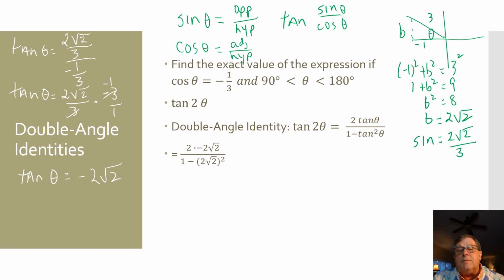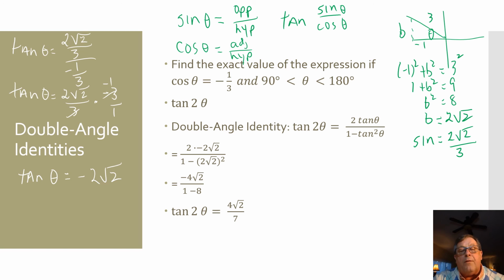So we've got 2 times the tangent of theta, that's 2 times negative 2 square root of 2, over 1 minus the tangent squared, which is negative 2 square root of 2 squared. 2 times negative 2 square root of 2 in the numerator gives us negative 4 square root of 2. And 2 square root of 2 squared: 2 squared is 4, and the square root of 2 squared is 2, so 4 times 2 equals 8. So now we're at negative 4 square root of 2 over 1 minus 8.